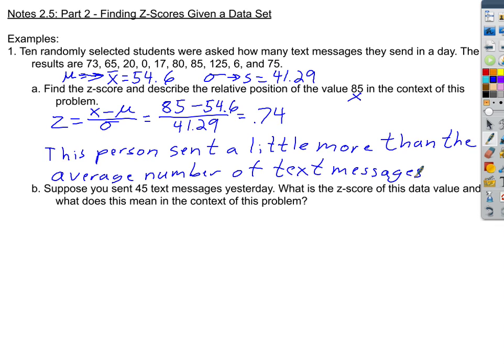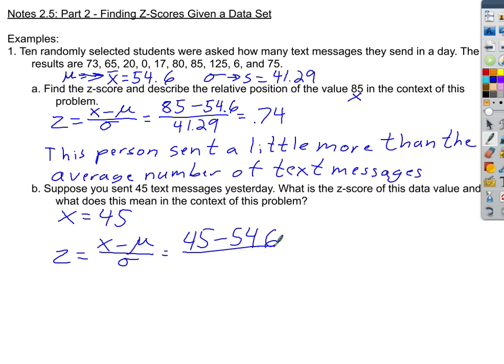Then in part B, suppose you sent 45 text messages yesterday. What is the z-score of this data value? And what does this mean in the context of the problem? So now our x value is 45. When I substitute that into the z-score calculation, I have 45 minus the mean, which is 54.6, all divided by the standard deviation, 41.29. This z-score is negative 0.23.